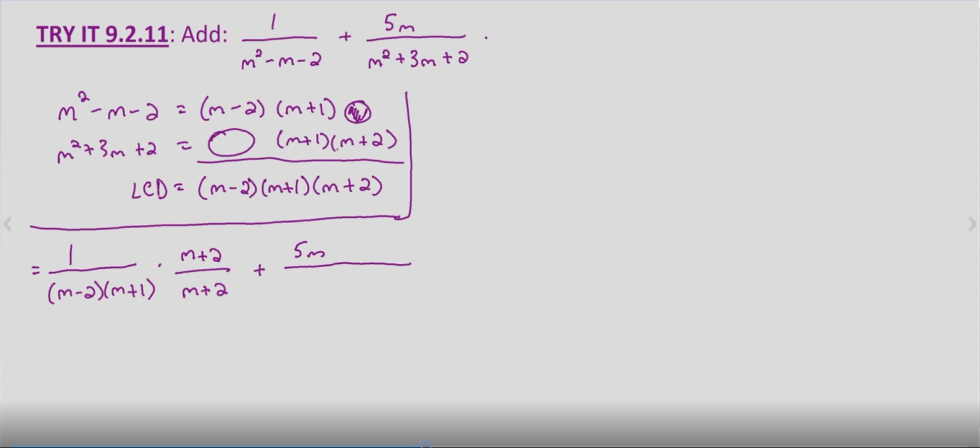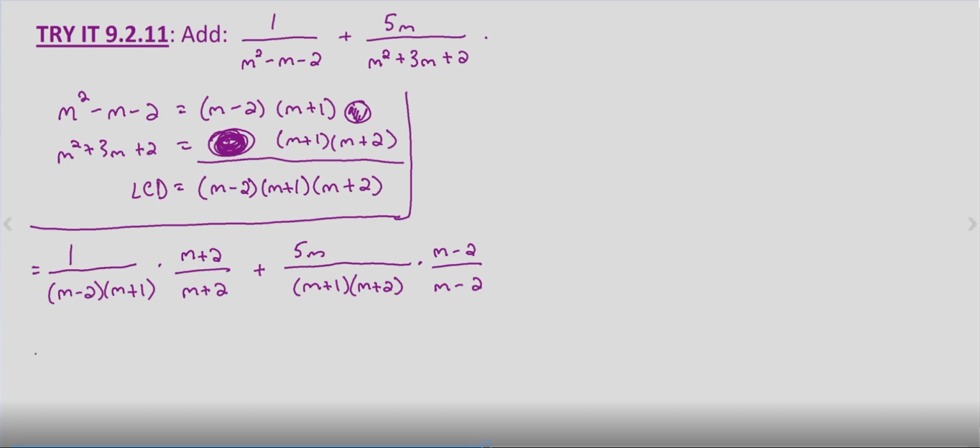It was m plus 1 times m plus 2. And what is our denominator missing? We can see in our chart right here, m minus 2. So we'll multiply the numerator and denominator by m minus 2.